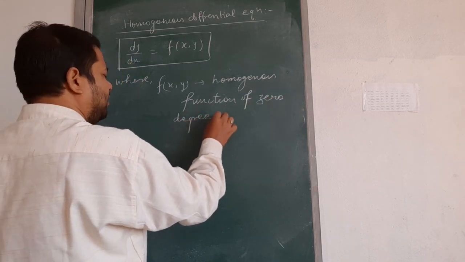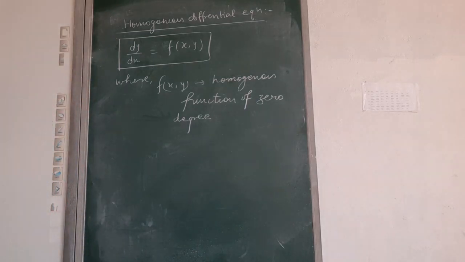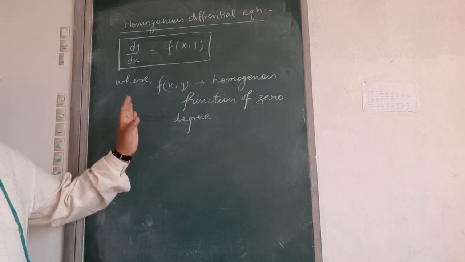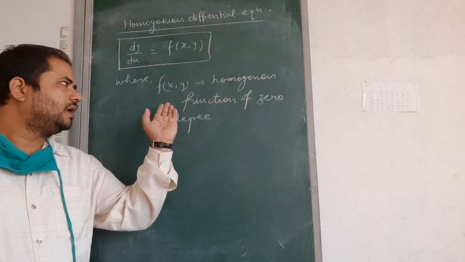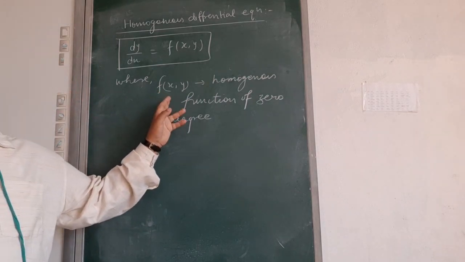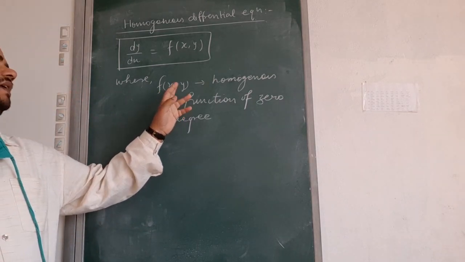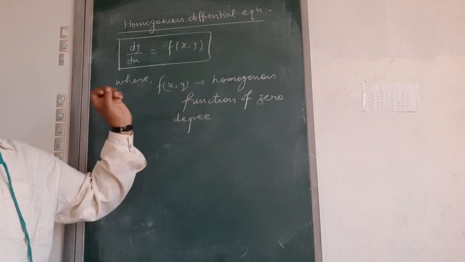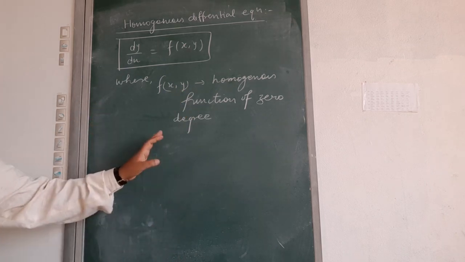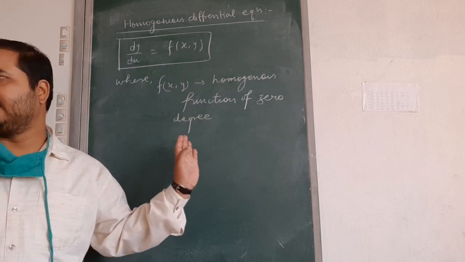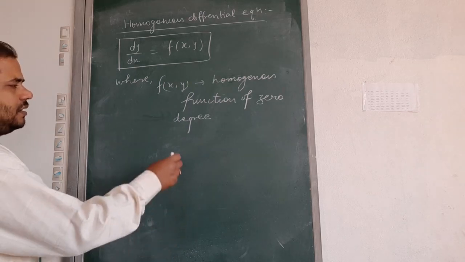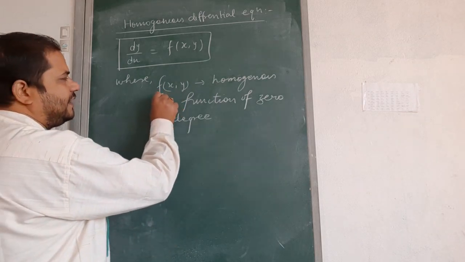What is the meaning of 0 degree? This means if we put lambda x at the place of x and lambda y at the place of y, then there is no effect. That means lambda power 0 is the result.